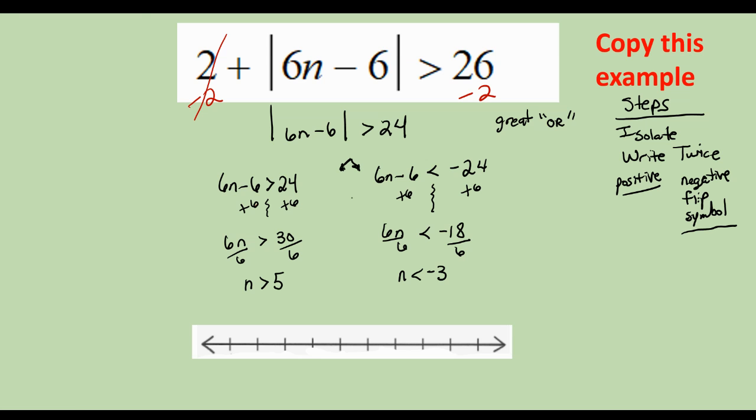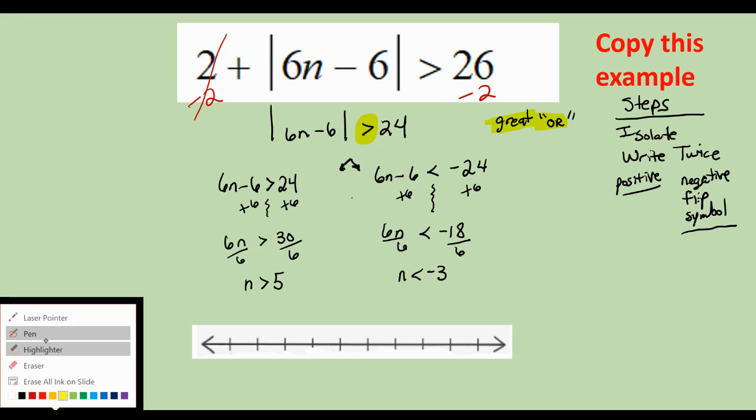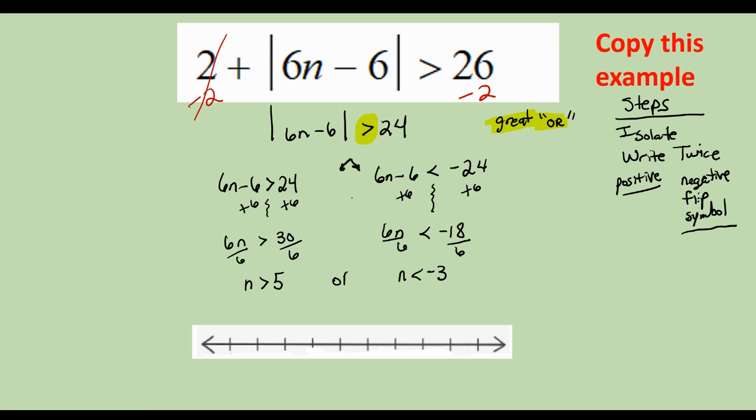So since this original symbol right here is a greater symbol, we're going to put the word OR in between our final answers, and then we're going to graph it. When you have the word OR, you should get a graph where the two arrows go away from each other.